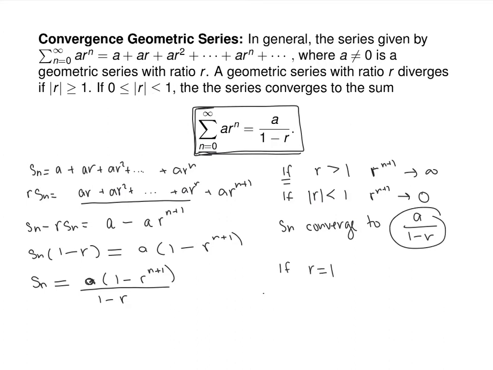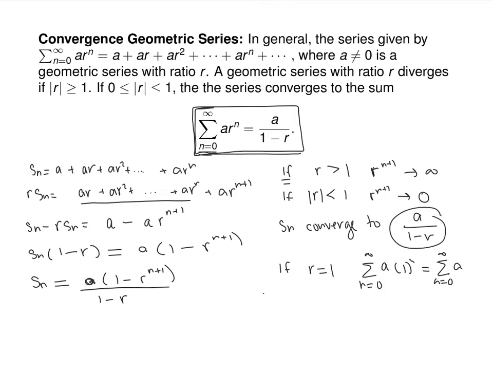If r is actually equal to 1, what you will have here is a sum from n equals 0 to infinity of a times 1 to the n, or just a sum from n equals 0 to infinity of a. So a plus a plus a plus a forever and ever and ever. That's also going to diverge.